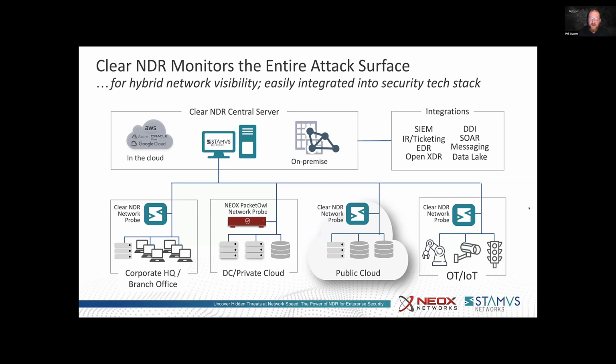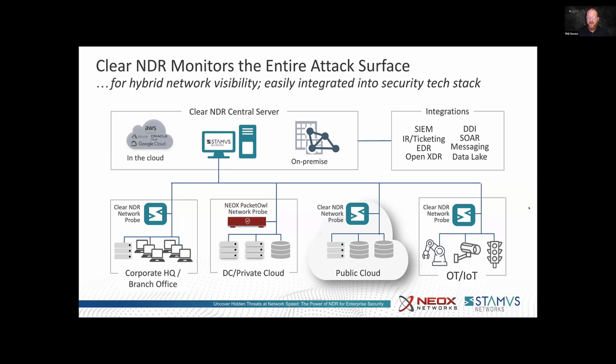All of the data, the metadata that's coming off of these different networks, moves into a central server called the Stamus or the Clear NDR central server, right? And again, everything can be on-prem or in the cloud, and we have integrations across the board. We can take our alerts, as I will talk about here in a little bit, declarations of compromise or policy violations, and utilize those to take response actions with other tools on your network.